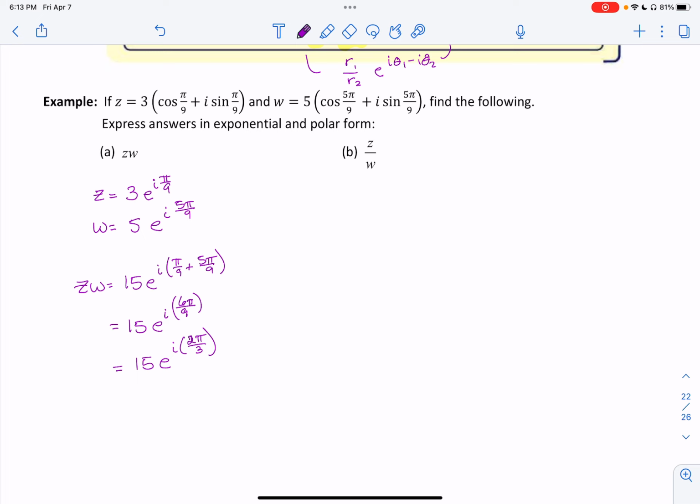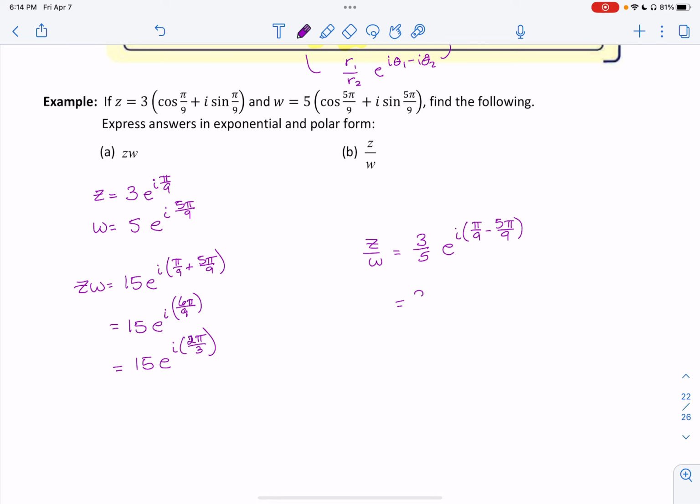If I look at the division problem, then z over w, my modulus, my radius, whatever we want to call it, is going to go out front. So I'm going to have 3/5 e^i to the, z's on top, so pi over 9 minus the 5 pi over 9.